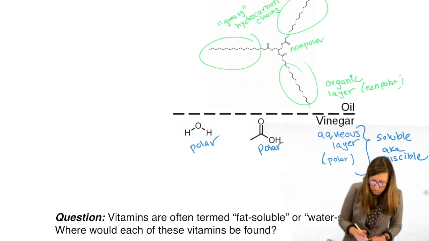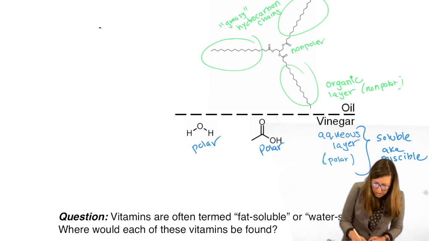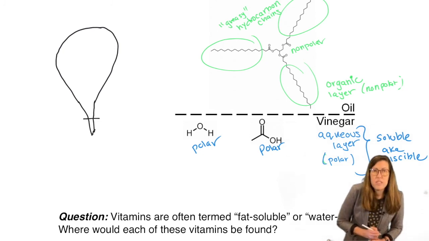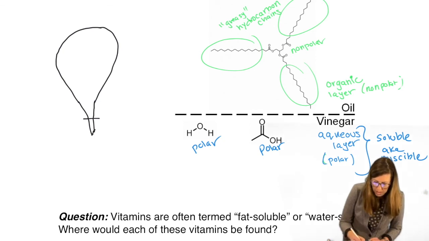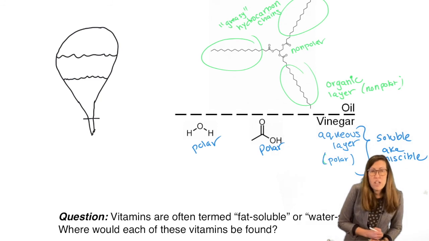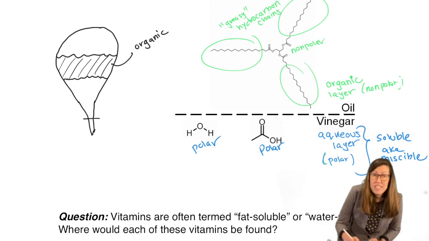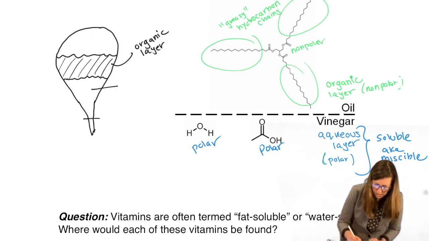So I want you to think about the salad dressing analogy whenever we're doing our extraction discussion, our technique for lab, because we'll have what's called a separatory funnel, and we'll be intentionally pouring things in and use extraction as a separation technique. Oftentimes, but not always, the organic layer is on top, but that's based on density. And so that's our aqueous layer.